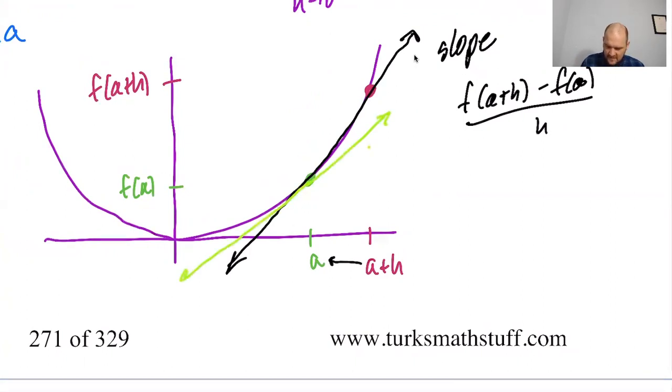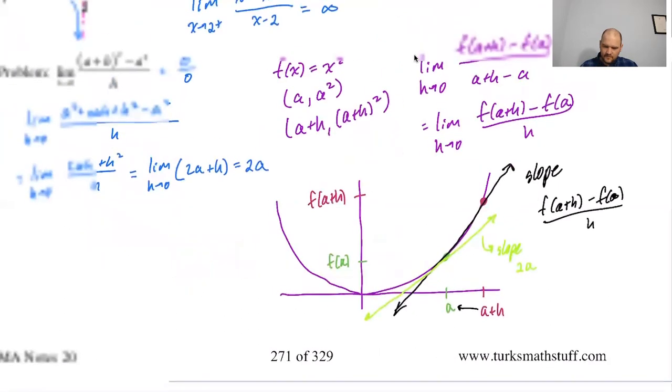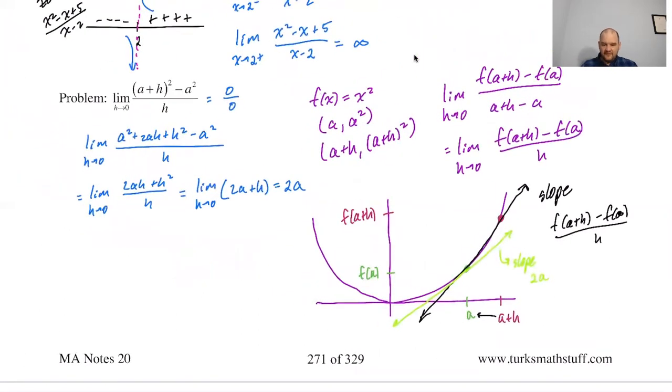And the slope of this, we found, because we took the limit as h approaches 0, is 2a. No matter what a is, it's just going to be 2a. So if f of x is x squared, then the slope of that curve at x equals a is just 2 times whatever a is.